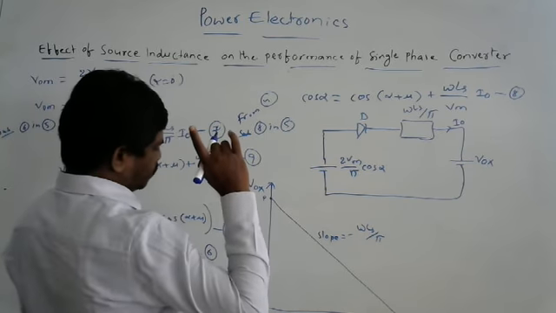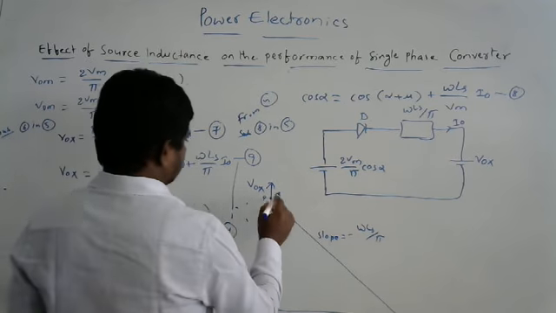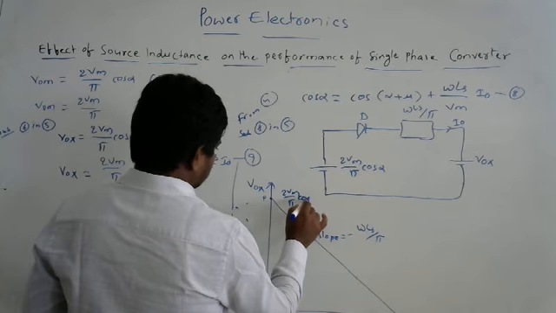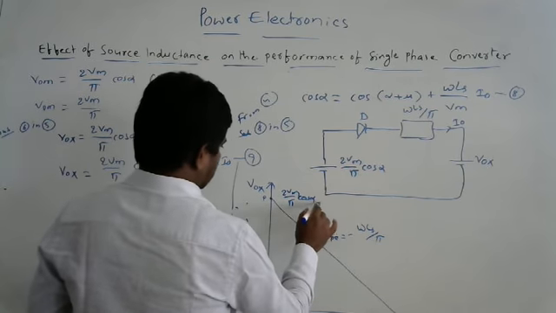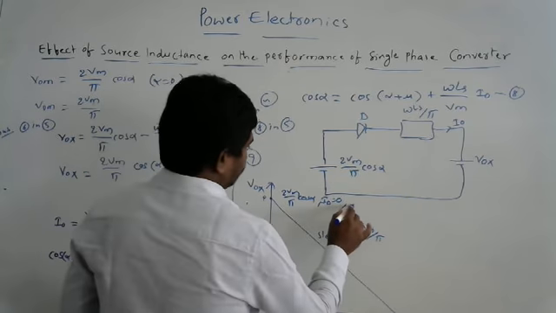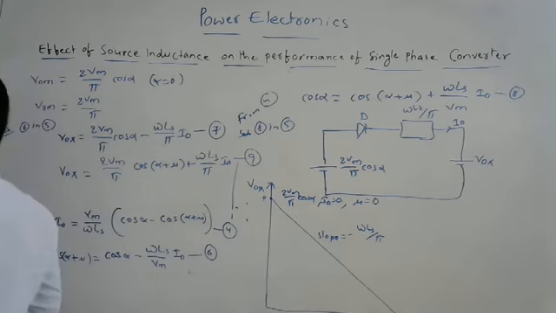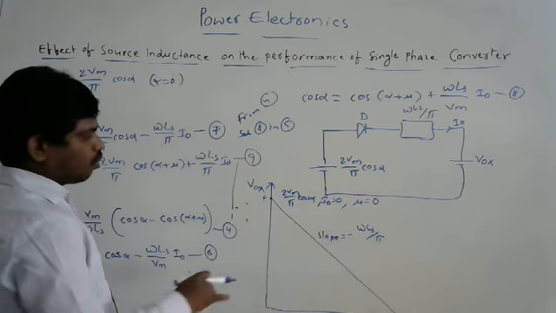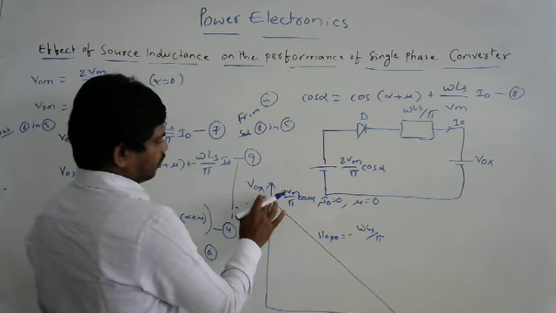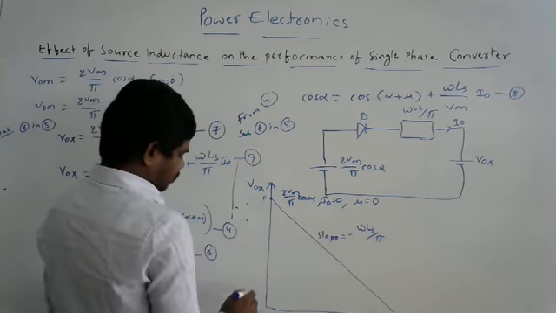I naught is 0 means what? Mu is equal to 0, right? This point is nothing but 2Vm upon pi cos alpha, that is I naught equal to 0, where mu is equal to 0. Mu is equal to 0 means there is no overlap angle. So if there is no overlap angle, we are getting the maximum voltage value 2Vm upon pi cos alpha, and the current value is 0.